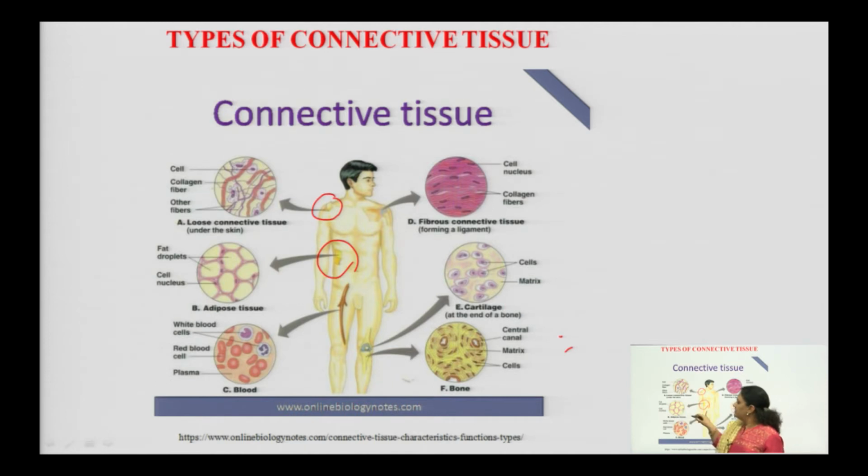Then you will see the histological picture of this adipose tissue, the yellow circle droplets considered as fat droplets, and these fat droplets are located in this area along with the other adipose cells. The cells are the same type of normal cells forming this adipose tissue, and we already know the cells have a specific nucleus and cell organelles along with the cytosol, in which the cell organelles float.